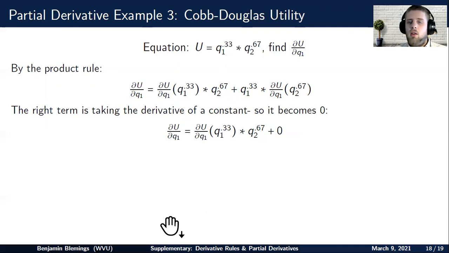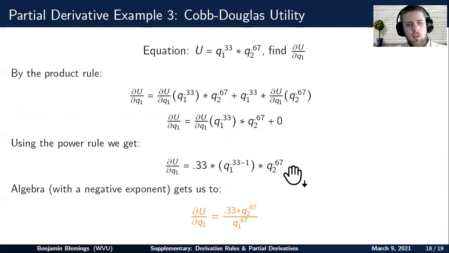Now we need to do the left term. When we do the left term, we can use the power rule on it and get 0.33 times q1 to the 0.33 minus 1, and then just times q2, which is a constant, to the 0.67.